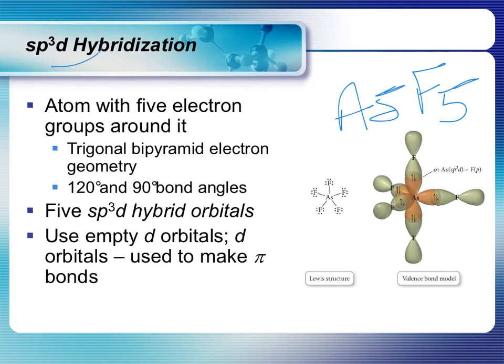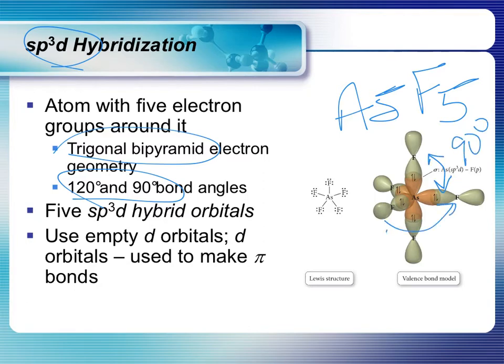And so what those are is sp3d hybridization. And remember, if you have 5 domains, it's trigonal bipyramidal geometry. Trigonal bipyramidal is the complicated one. They have 2 different angles. The angle between an axial and equatorial is 90 degrees, and the angle between 2 equatorial is 120 degrees.